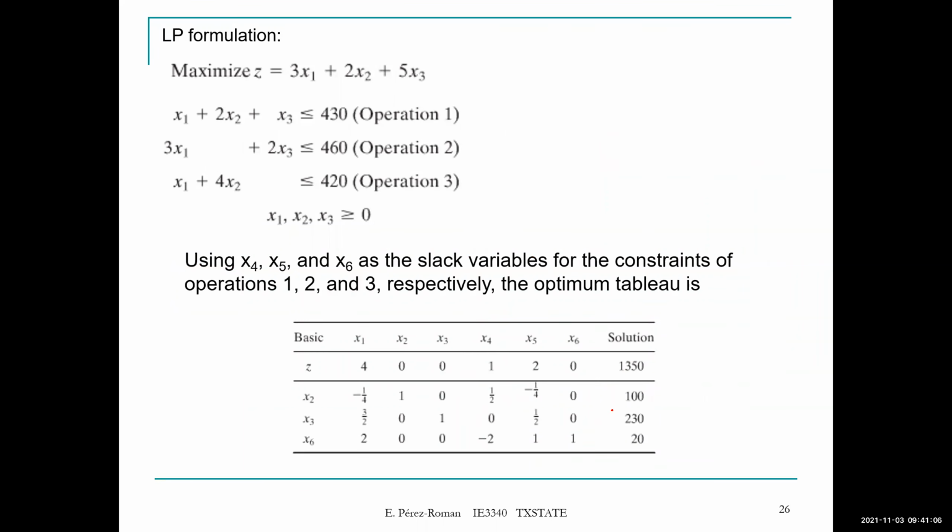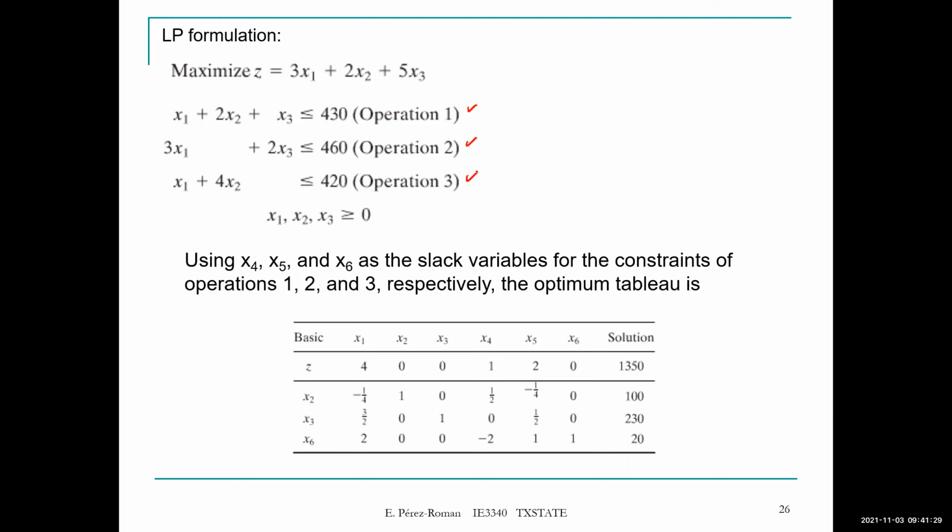So this is the formulation one more time. And then after solving this problem, we use slack variables. I'm calling these slack variables X4, X5, and X6. So I'm adding those to each one of these constraints to make them equality.